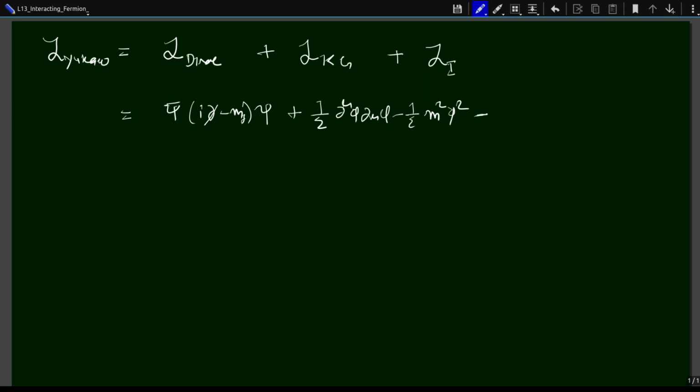And then I add another term which is the coupling between them. So these are all free theory. This term corresponds to the Dirac Lagrangian, this term corresponds to the Klein-Gordon Lagrangian, and these are the free theories that we already know.